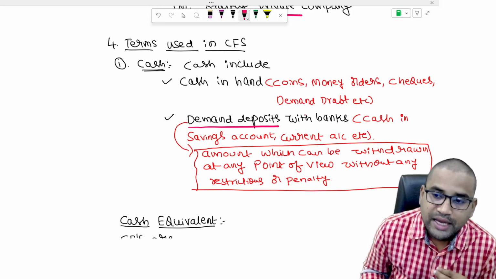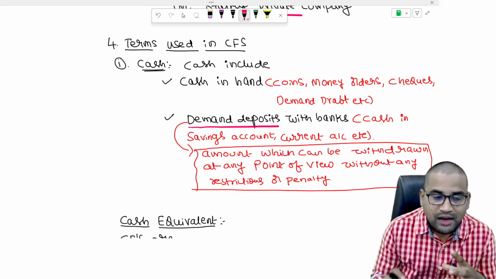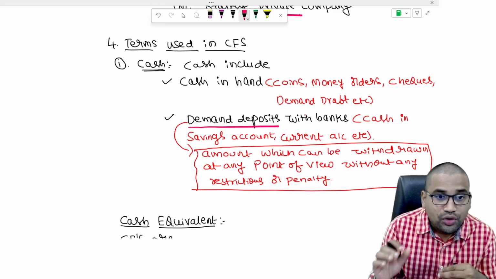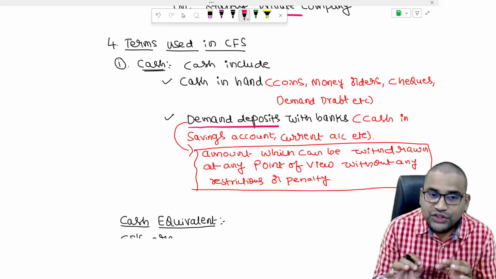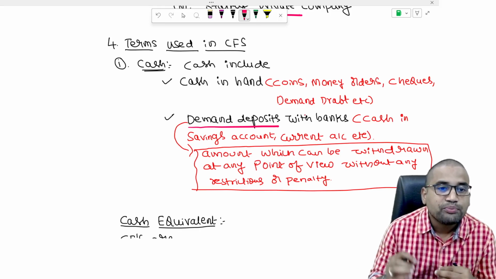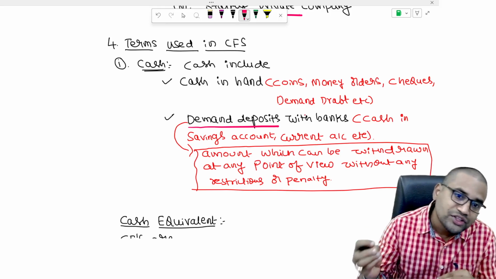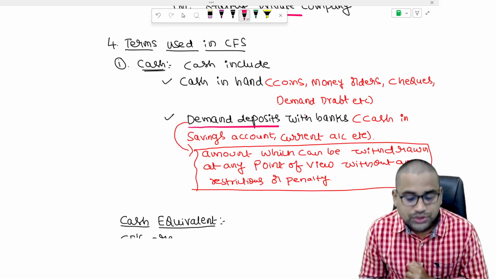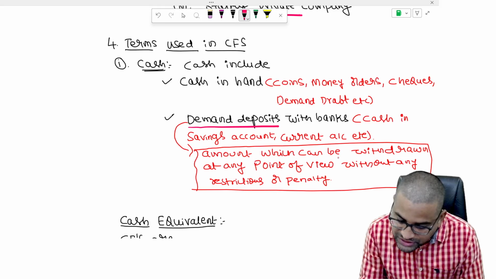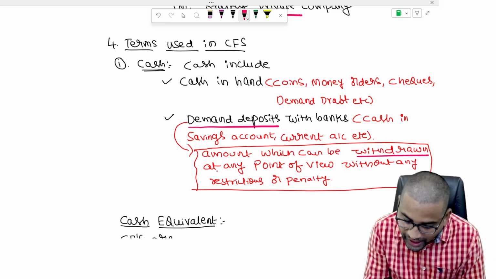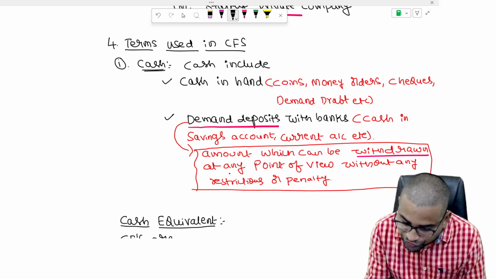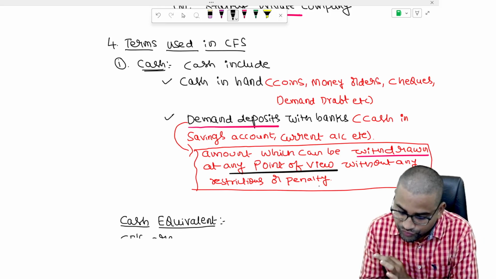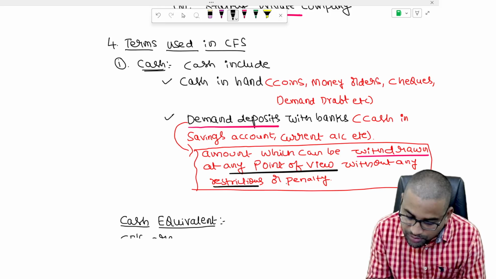See, a demand deposit means any deposit in the bank which we can withdraw at any point of time without any restriction or without paying any penalty. That is called a demand deposit.